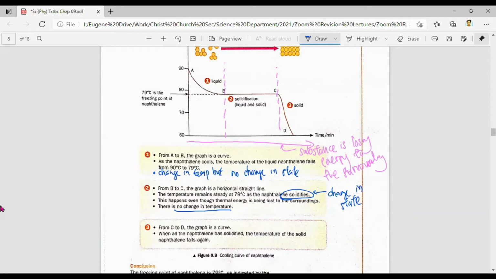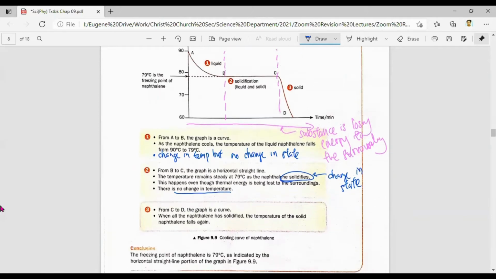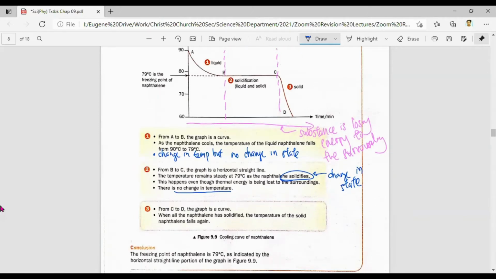Second part, change state, no change temperature. And the last part from C to D, there is a curve here. When all the naphthalene has solidified, the temperature of the solid naphthalene falls again. So in this case, there's a change in temperature, but no change in state.